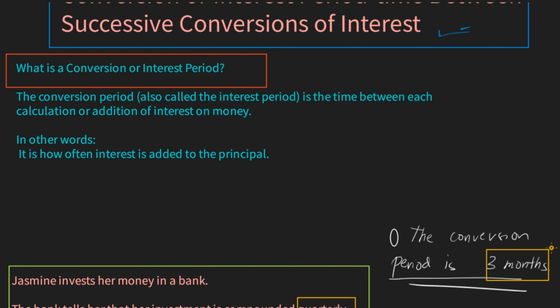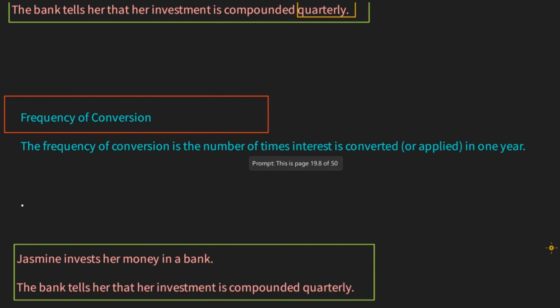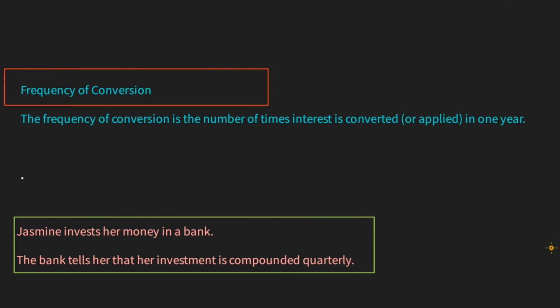For Jasmine, the interest will be added every 3 months. Now for frequency of conversion, how many times will the interest be converted in 1 year? Since it is given as quarterly, what about that?